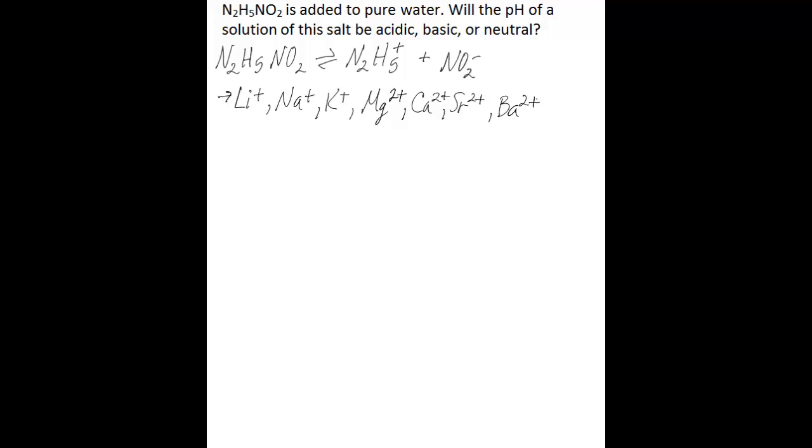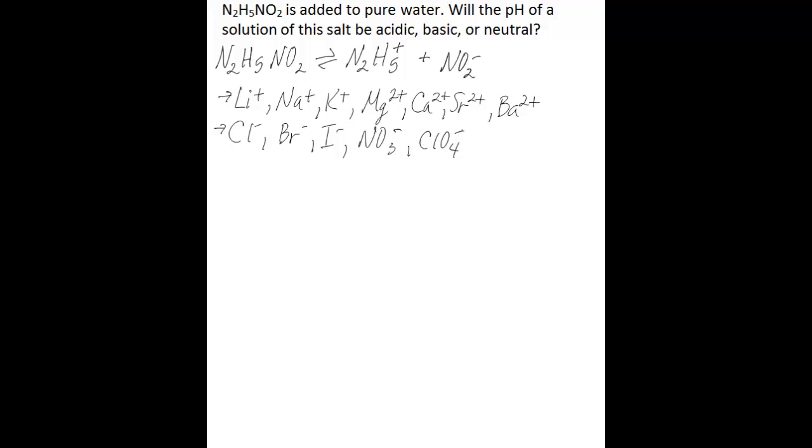Also, it's useful to know that certain anions that come from strong monoprotic acids also do not react appreciably with water. These include chloride, bromide, and iodide, and two polyatomic anions, nitrate and ClO4-.